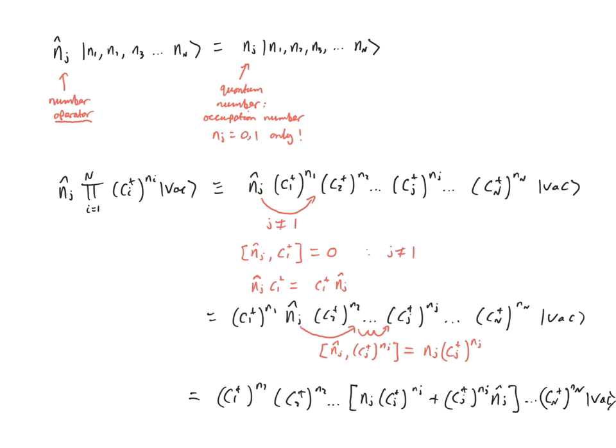Okay, so we have the sum of two terms after all of this complication. One of the terms has the nj to the left of the Cj dagger operator, and one of them has nj hat to the right of the Cj operator.